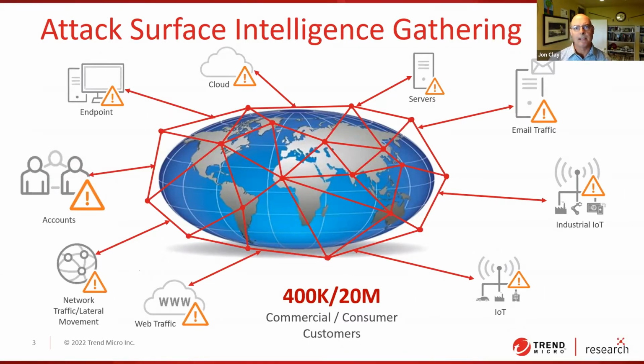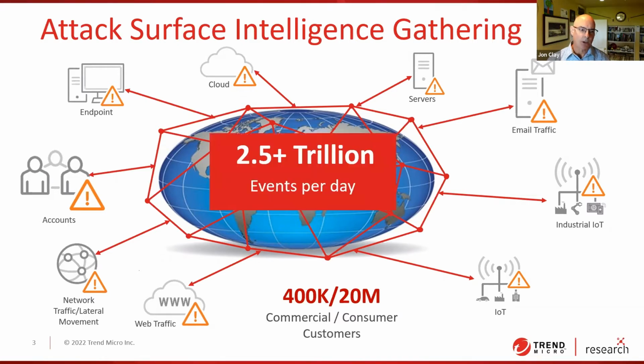So for our mid-year report, we looked at all the data from the first 6 months of the year, and we started to pull out what attacks were interesting. In total, we get about 2.5 trillion events per day coming into the Trend Micro data lakes, which allows both our human analysis as well as automated analysis to identify all of the new threats targeting our customers.